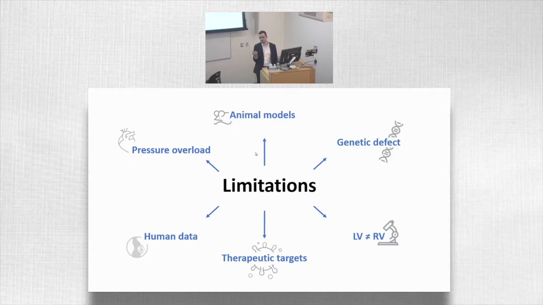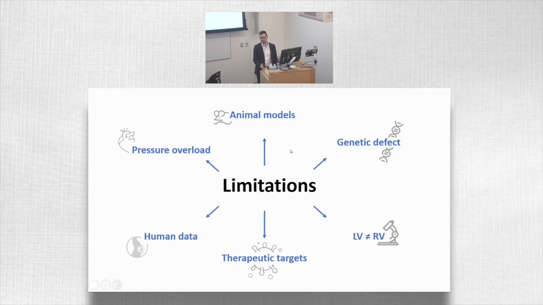Pulmonary hypertension models may stress the RV a little bit more and cause the RV to fail quite reliably, but it's not really the same type of failure that we expect in hypoplastic left heart syndrome. And as a consequence, we don't really have very good animal models.